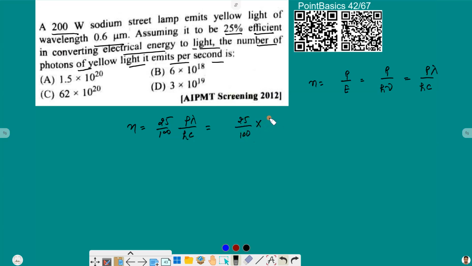P is 200, lambda is 0.6 micrometer, so 0.6 into 10 raised to power minus 6, divided by h, that is 6.6 into 10 raised to power minus 34, and c, that is 3 into 10 raised to power 8. So here this will get cancelled on 2, and we can cancel zero point 0.1, divided by 6, and this will give us 1.1.